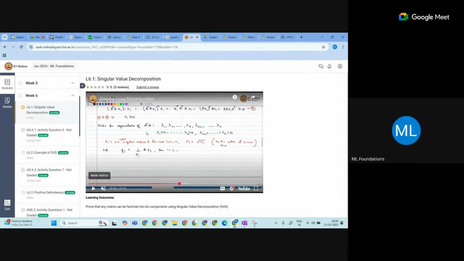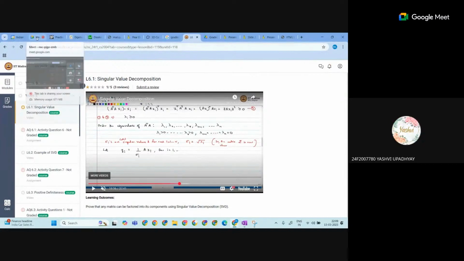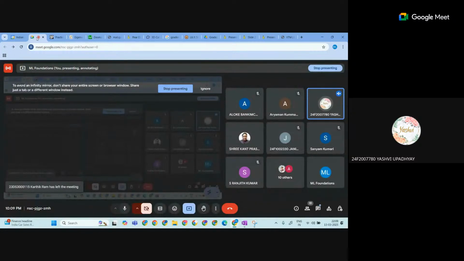Any other doubt? For positive definite, in the tutorial session they have used the determinant and a being more than 0, meaning the topmost minor is more than 0, as a condition for positive definite. So we can use that also.